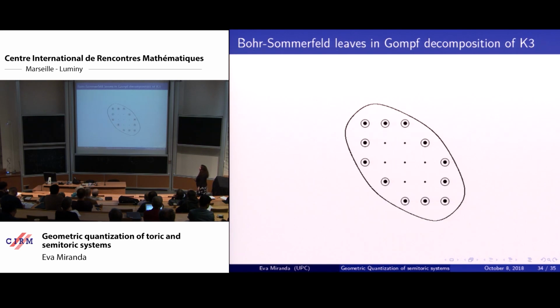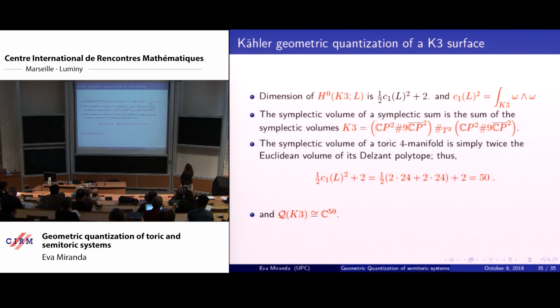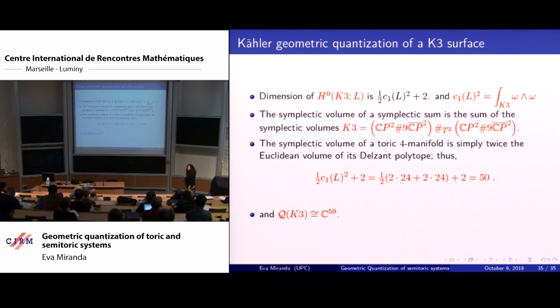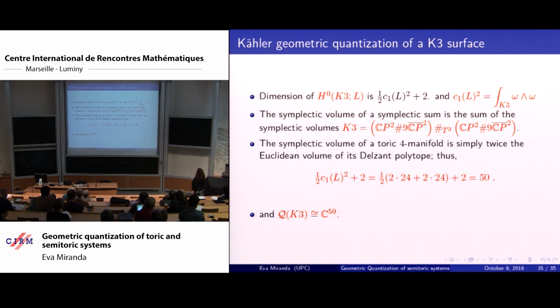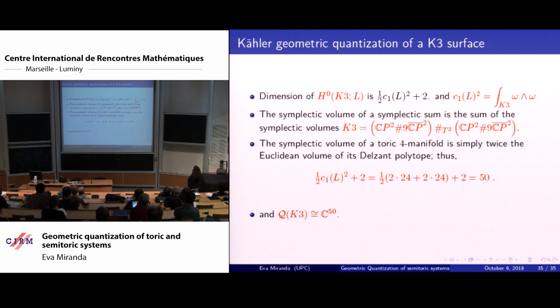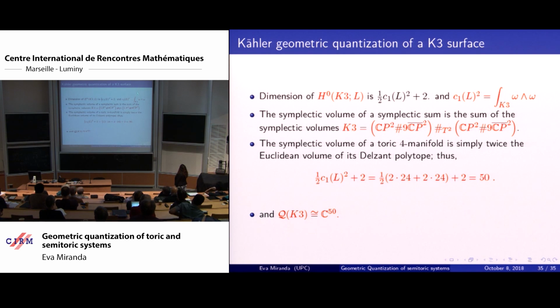Okay, let me compute for you in my last slide what is the Kähler geometric quantization of this guy. Well, the Kähler geometric quantization is just the computation of H0, but we can compute H0 just using the first Chern class of the line bundle. And you can compute the first Chern class of the line bundle because you have this integral formula. Essentially, you just need to understand the volume of the K3.